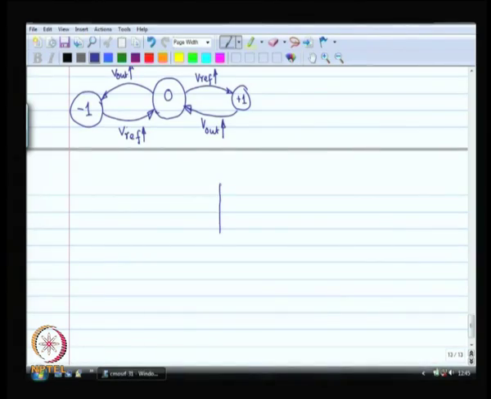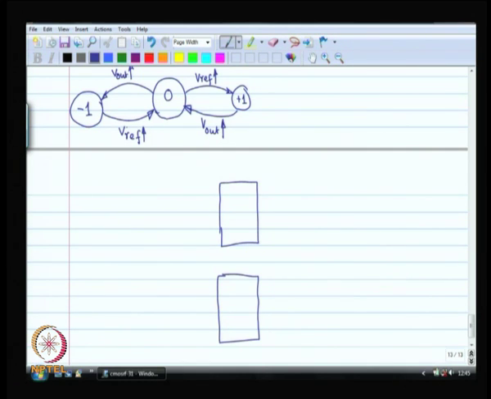Now, 3 states means you need 2 flip flops to build the system. Okay.